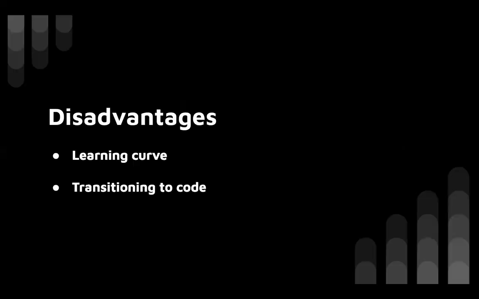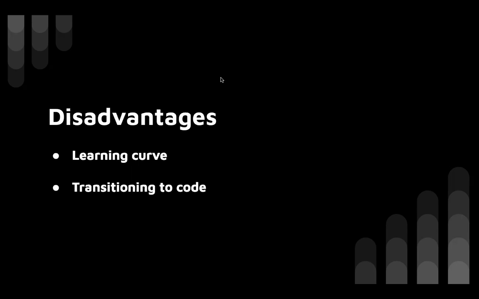So the disadvantage is the learning curve, okay? There are a lot of tools, a lot of ways to go around digital prototypes. So there's a steep learning curve, but I would say this has been about 50% busted, because now we have tools like XD and Figma that make it easier for you.